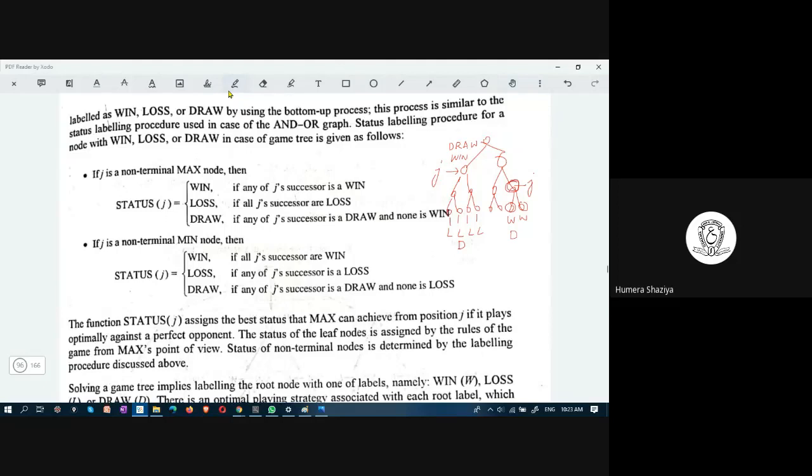Any one is D and none of the other nodes has the value L. Only then can you call it a draw. These are the rules with respect to max and min nodes.